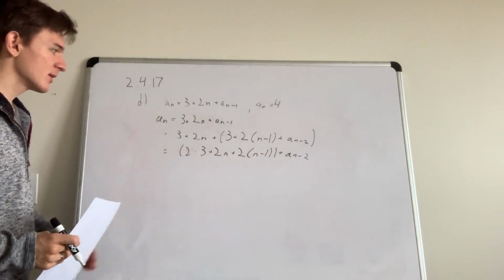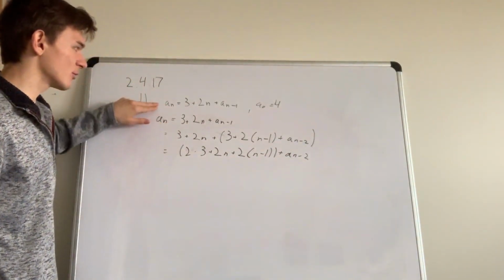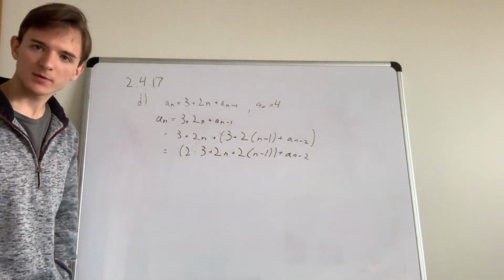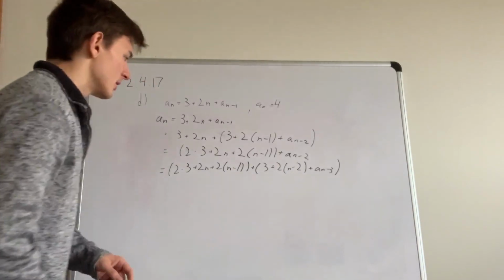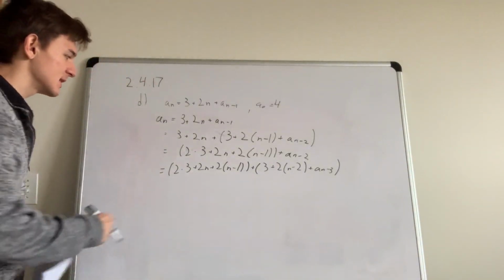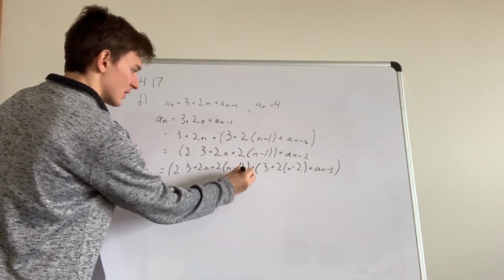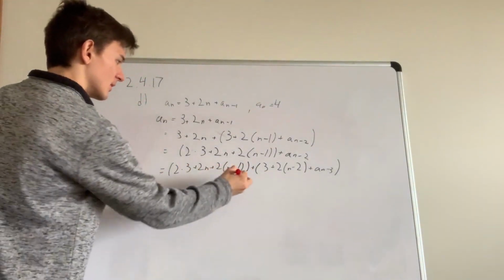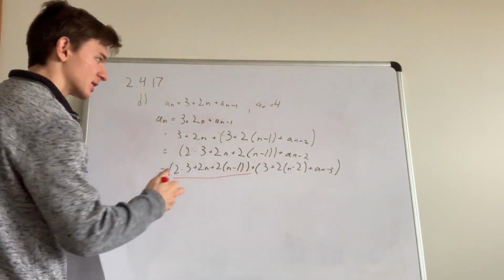Okay, so from there, we have an a of n minus 2. So we just plug in a of n, replacing all of the n's with n minus 2. Okay, so it gets pretty confusing pretty quickly, but we see that this 3 plus 2n plus 2 times n minus 1, all of this is a remnant from the previous iteration, right?